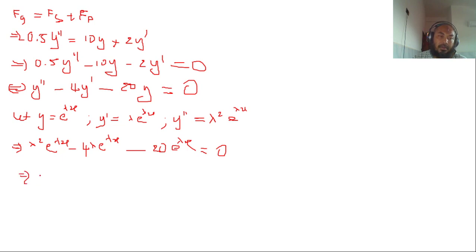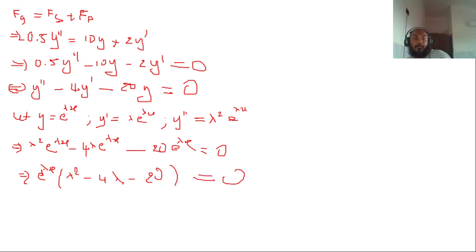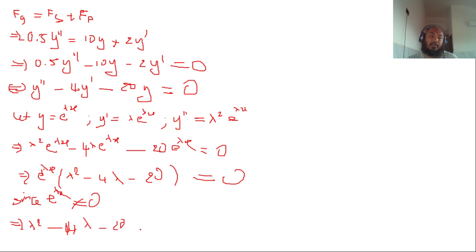So we got e^(lambda x) times (lambda square minus 4 lambda minus 20) equal to 0. Since e^(lambda x) is always different from 0, we will get lambda square minus 4 lambda minus 20 equal to 0.